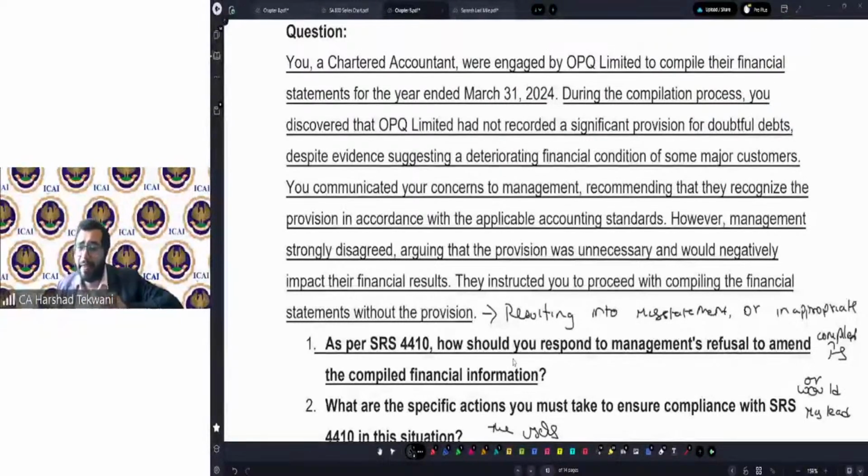If yes, then I will say that it's a material one, and accordingly all the procedures will be followed. But first you need to understand that it is resulting in a misstatement, it is inappropriate, it will impact your compiled financial information, and it will be misleading for the users. If that is the scenario, then yes, go ahead and ask management to rectify. So there should be some incomplete, inaccurate, or otherwise unsatisfactory issues arising from this.